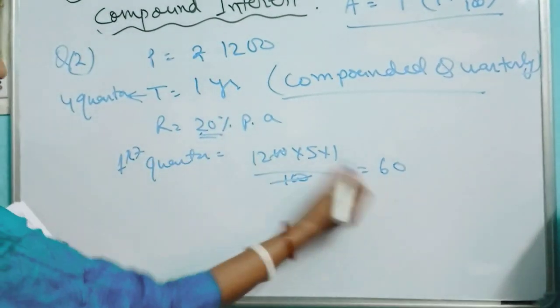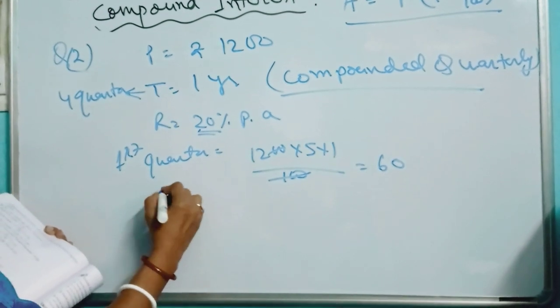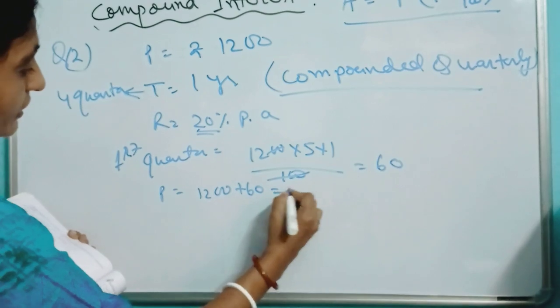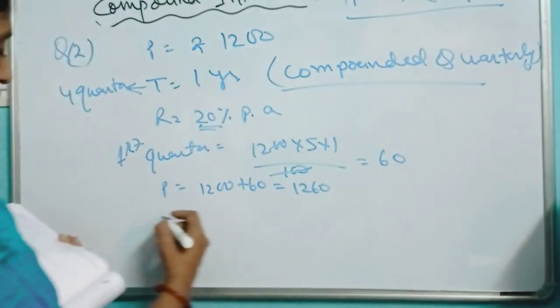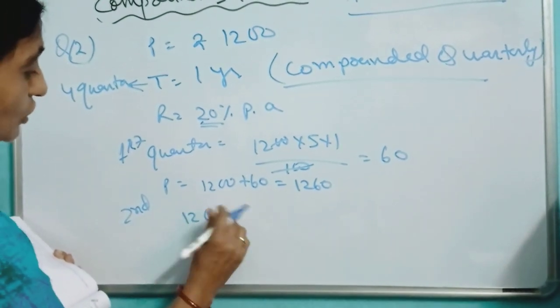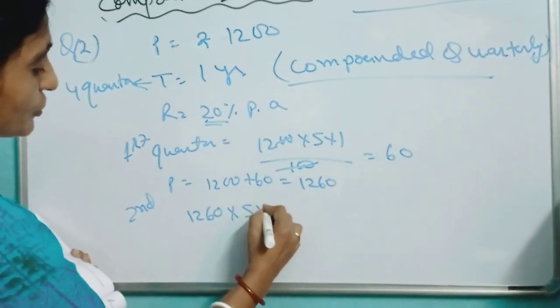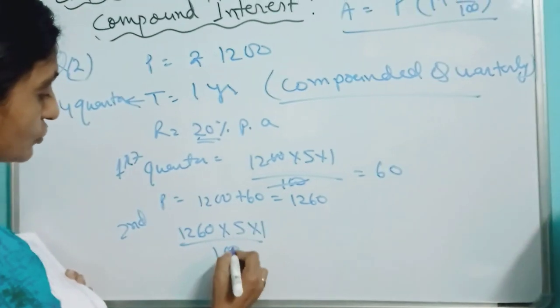For the next quarter it will be included with that principal. So for the next quarter your principal will now become 1200 plus 60, that is equal to 1260. Now it will be invested in the same condition. So for the second quarter the principal becomes 1260 and the rate of interest is this one, then it is 100, so let's cancel.